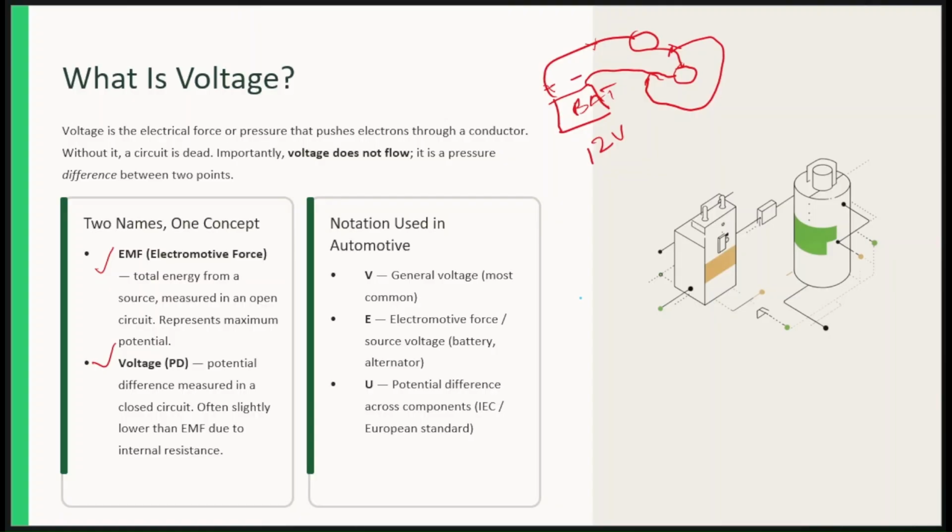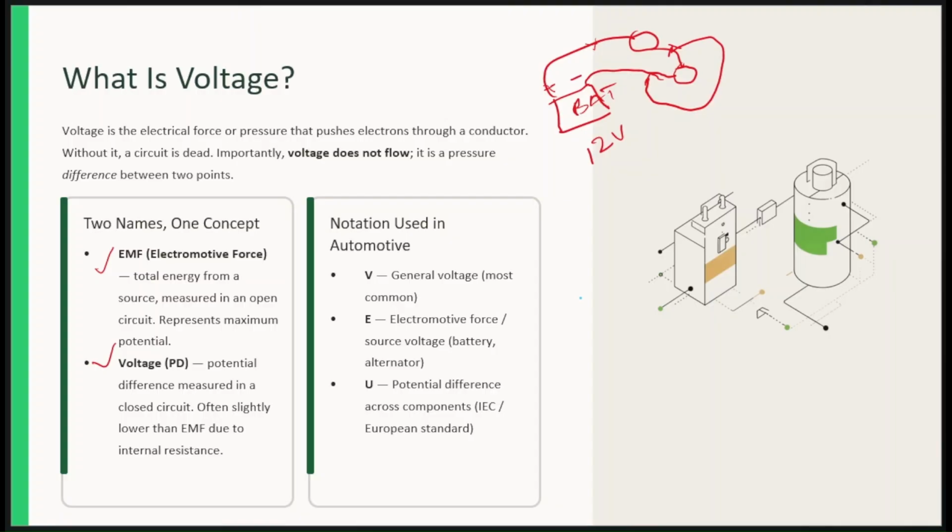So EMF may not be equal to the potential difference, because these conductors and the other loads consume an amount of electricity. So EMF is the total energy, and voltage or potential difference is between two points.